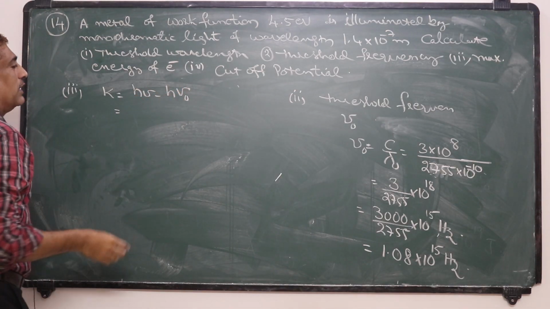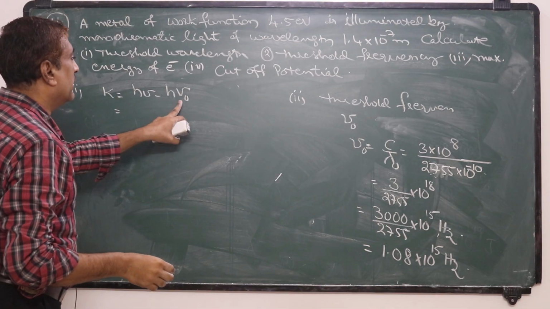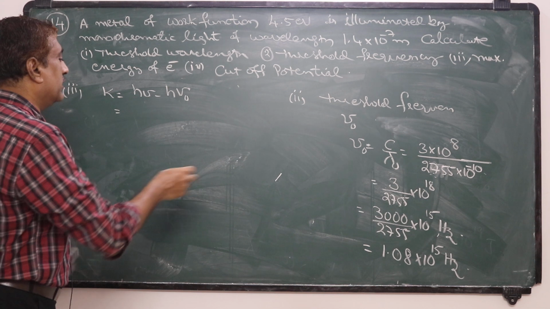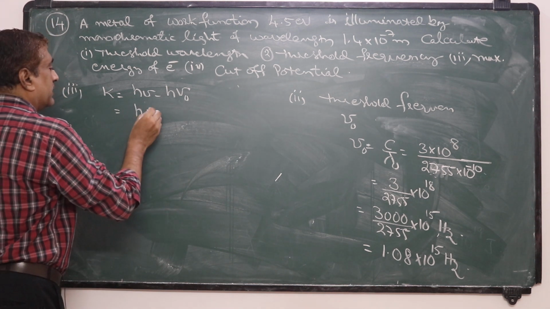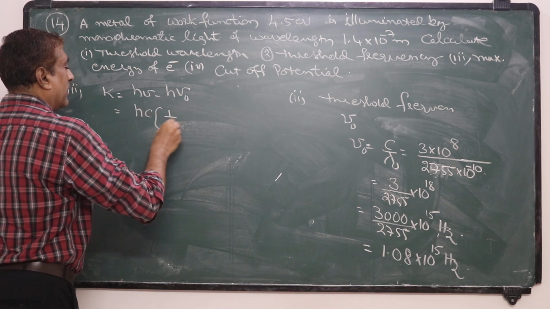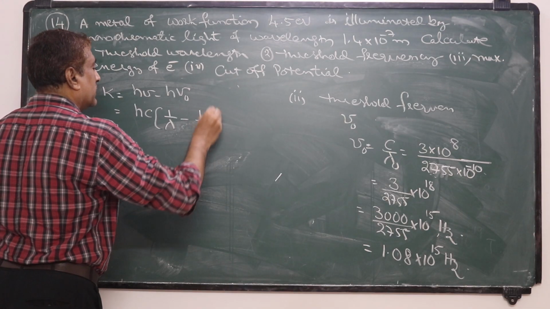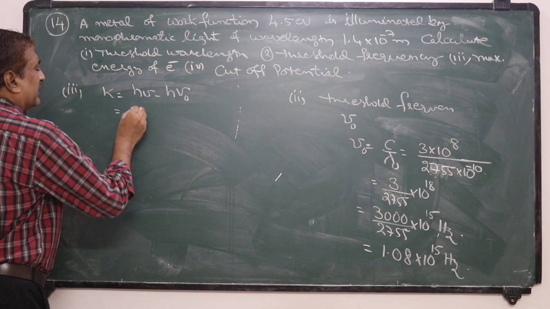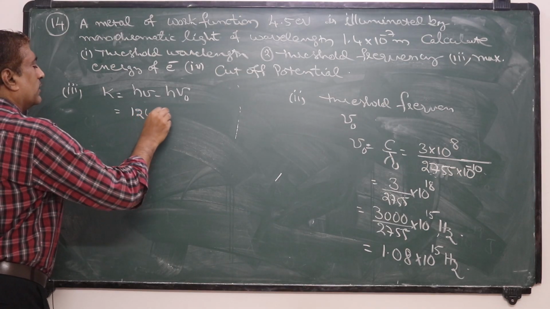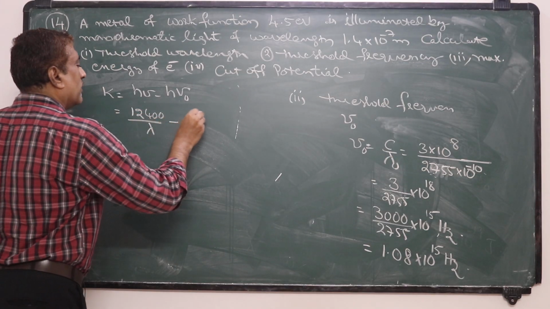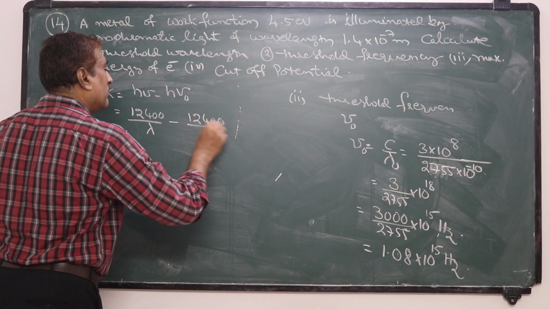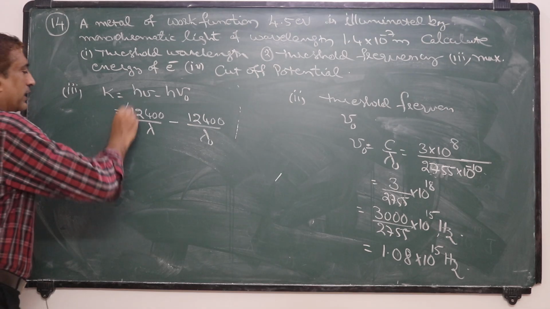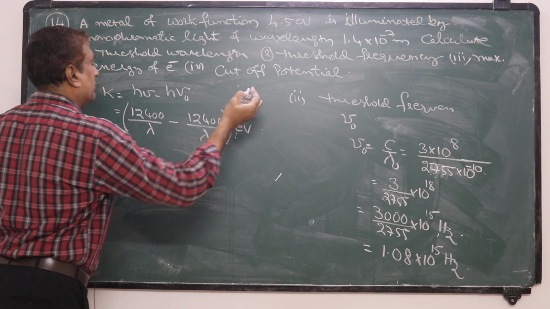We already have h nu naught as 4.5, so we calculate h nu, which we can write as hc by lambda minus hc by lambda 0. This is 12400 by lambda minus 12400 by lambda 0, both in Angstrom, so we get the energy value in electron volt.